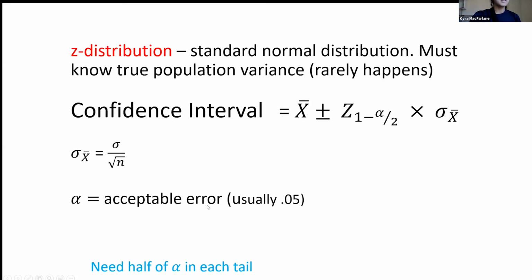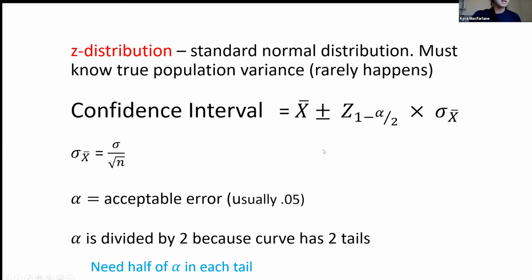Again, alpha is our acceptable error, and alpha has to be divided by 2 because the curve has 2 tails. So this 1 minus alpha over 2 would be 0.975 for a 5% acceptable error.